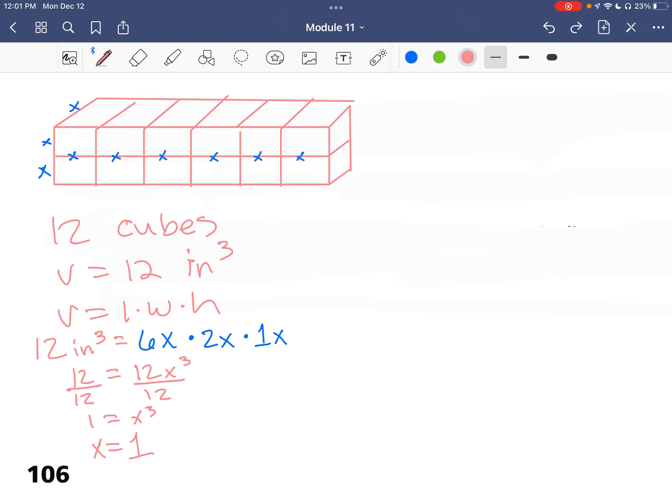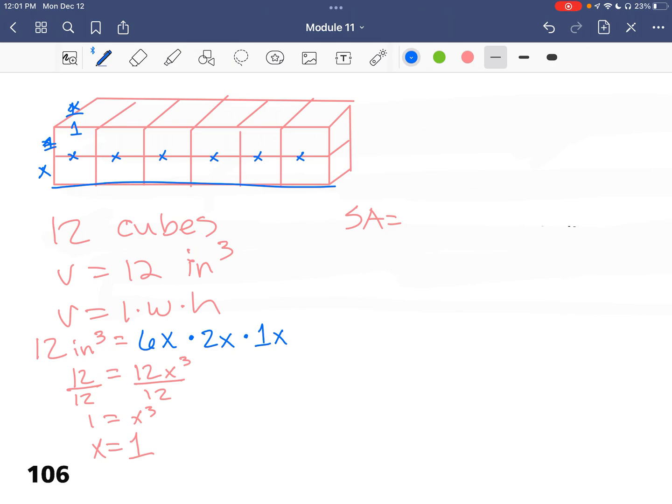So surface area, we're going to find, let's see, so now this is 1 by 1 by 1. So surface area, I guess we could do this whole shape here.